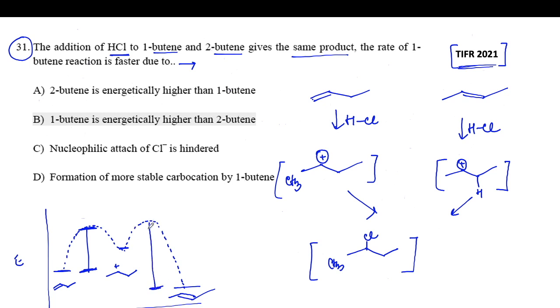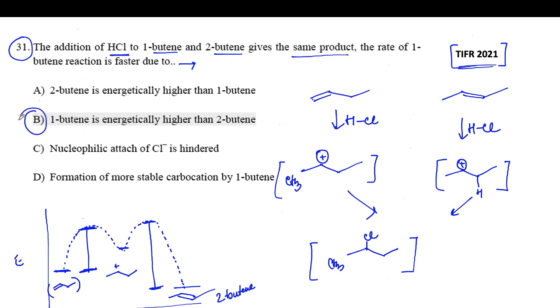Why is the activation energy higher in the second case? Because the 2-butene molecule is thermodynamically more stable. It's a more substituted alkene system. However, the 1-butene is thermodynamically less stable, so it is already there in higher energy, so easier reaction.